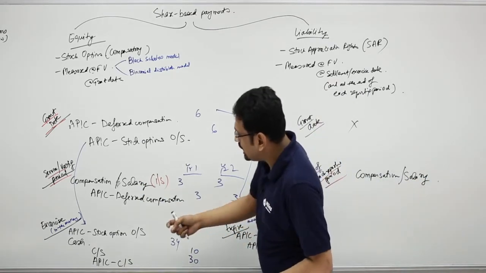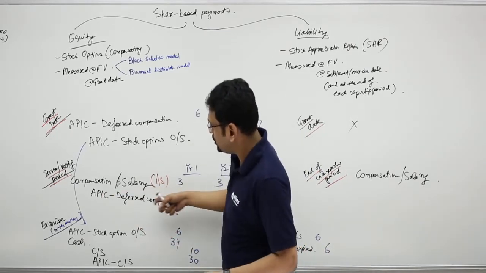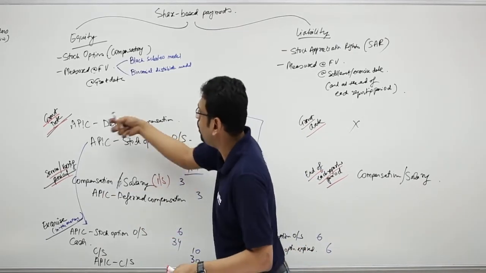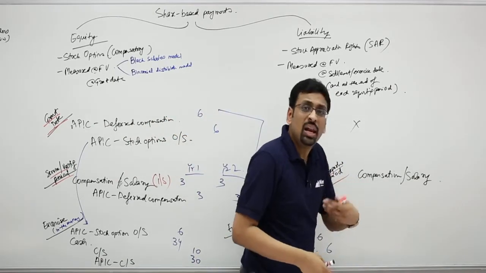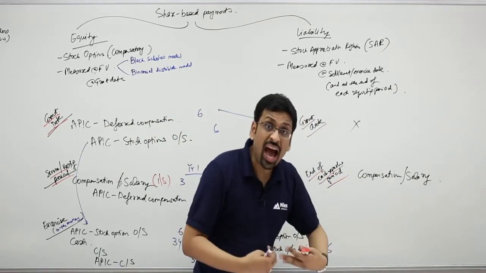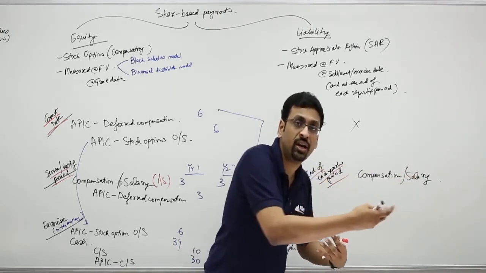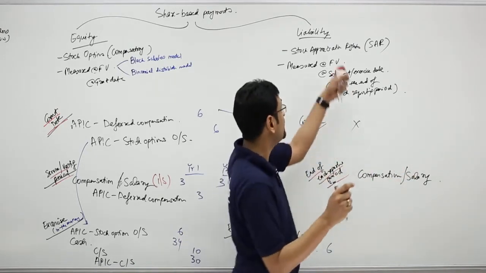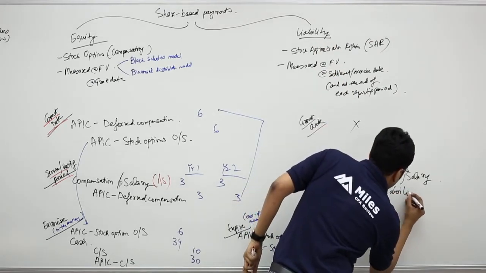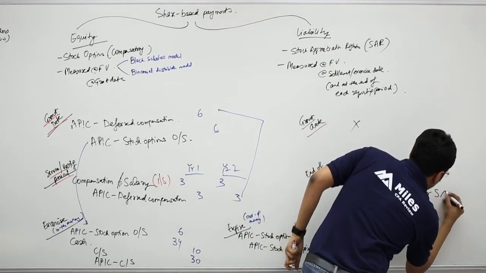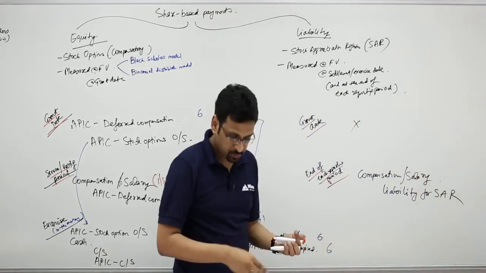Now here the credit was APIC deferred compensation, because we had created this APIC deferred compensation with a debit balance on the grant date. Here the credit is to a liability, because the company would have a liability to pay to the president if the president exercised the stock appreciation right. So it is a liability for the stock appreciation right.